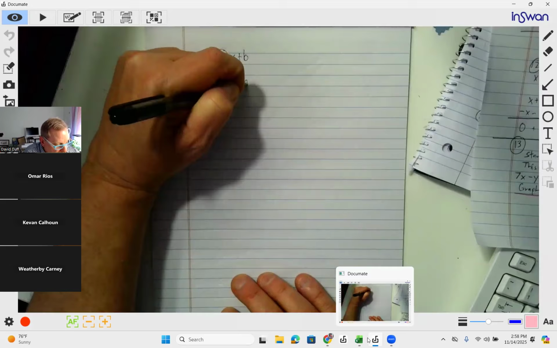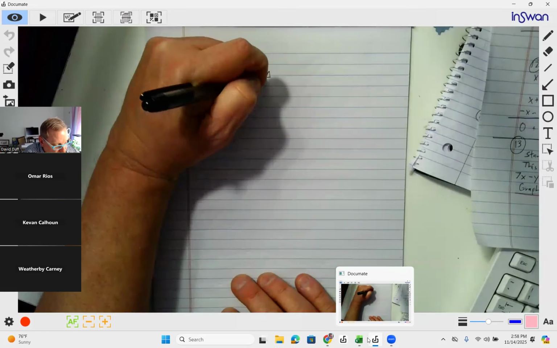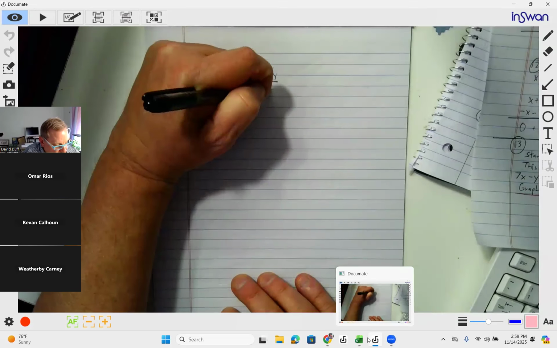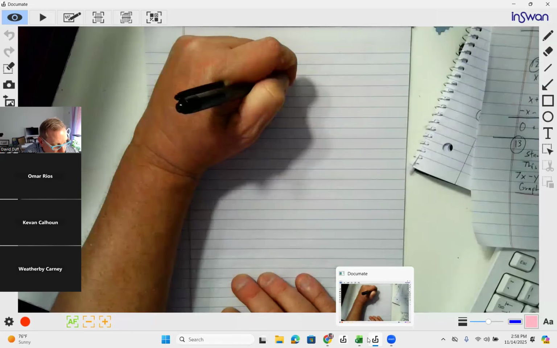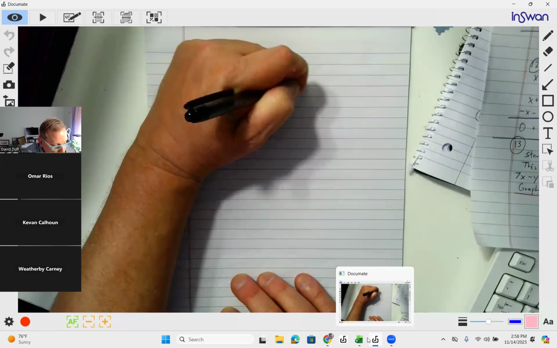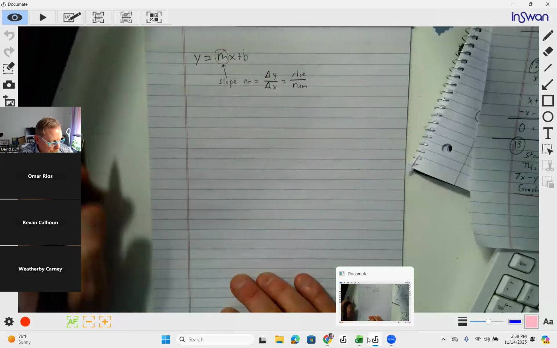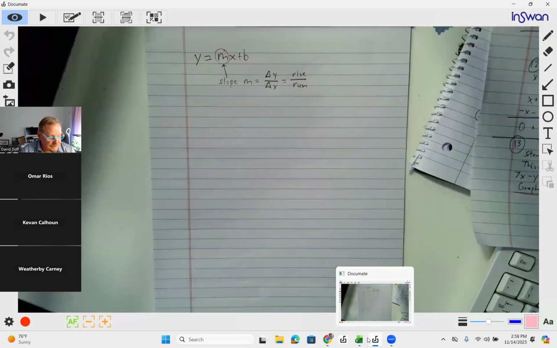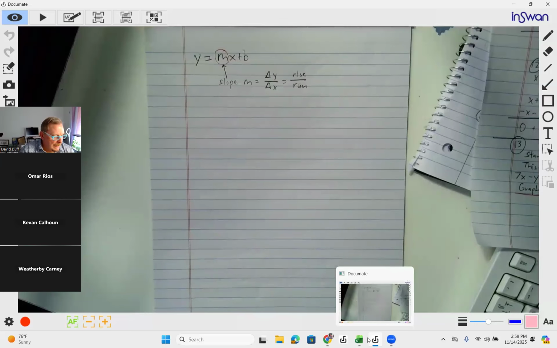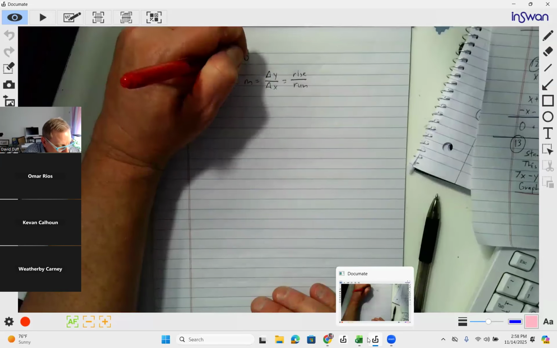And the slope m is equal to the change in y over the change in x. Or another way to put it is rise over run. So this tells us just how quickly my line goes vertical versus horizontal. So that is my slope.